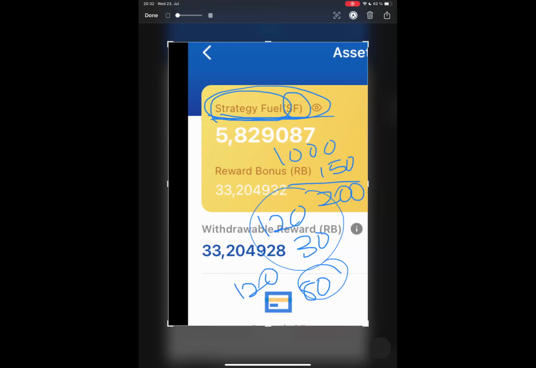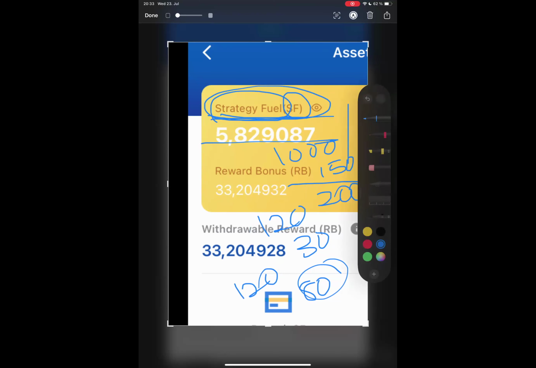So the 80 will last longer, because anytime you deposit, you'll be charged depending on the network or the exchange you are using. Now, once this strategy fuel gets finished and I have money under reward bonus, the robot will deduct from the reward bonus. I hope this part is clear.